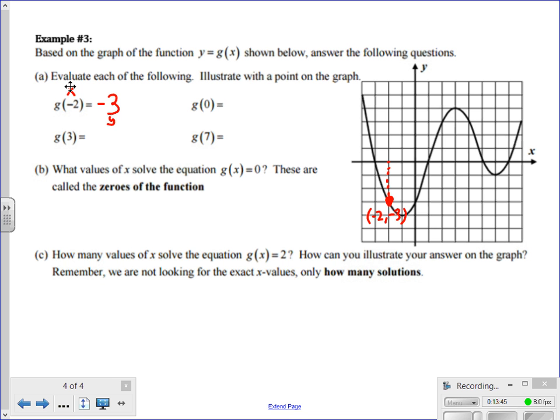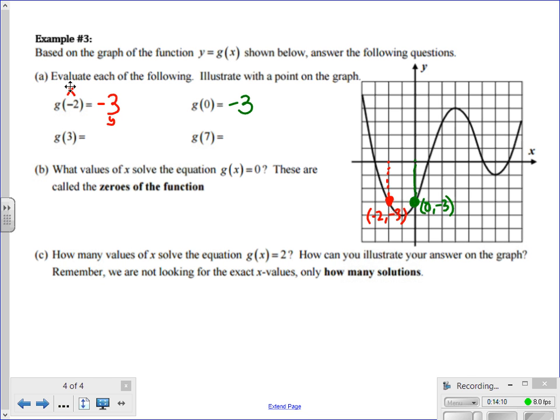At g of 0, I go to where x is 0, and again, I go down to the graph here until I find the point. That point has the x value of 0 like we wanted, and the y value of -3. So again, the output here for 0 is -3.